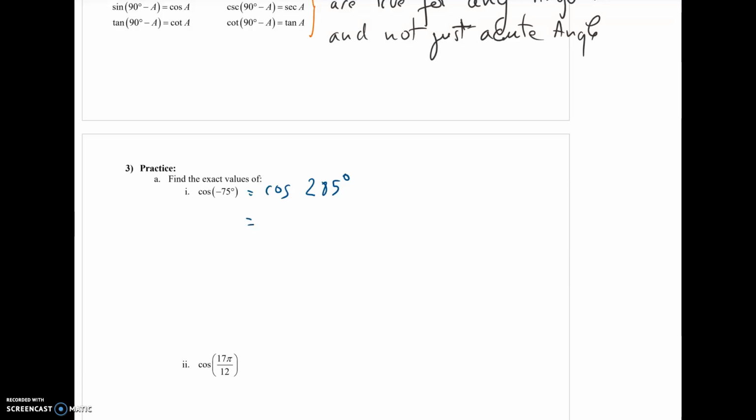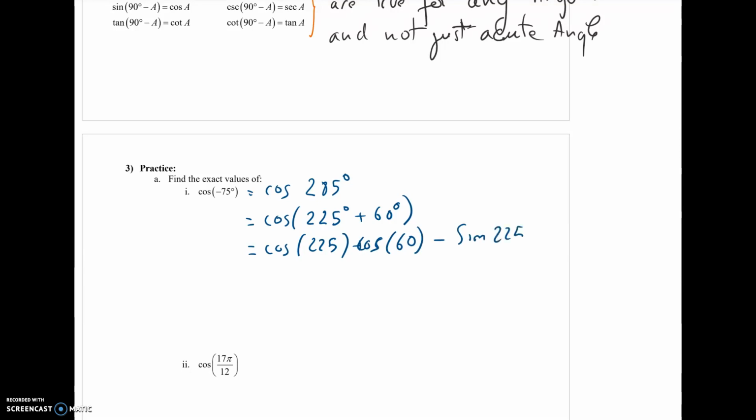Obviously, 285 degrees is 225 plus 60 degrees. If you apply the formula, you end up with cosine 225 times cosine 60 minus sine 225 times sine 60.